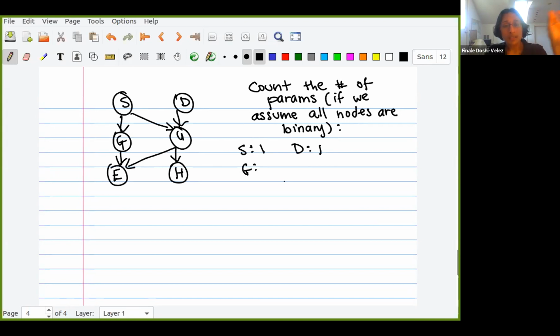So we have two possible situations, and so we need two parameters. We need a coin for the two different situations that S creates. We have U, and U actually has 4 situations that can possibly occur. So U needs a separate coin or a separate parameter for each setting of S and D. And so that's 4 over here.